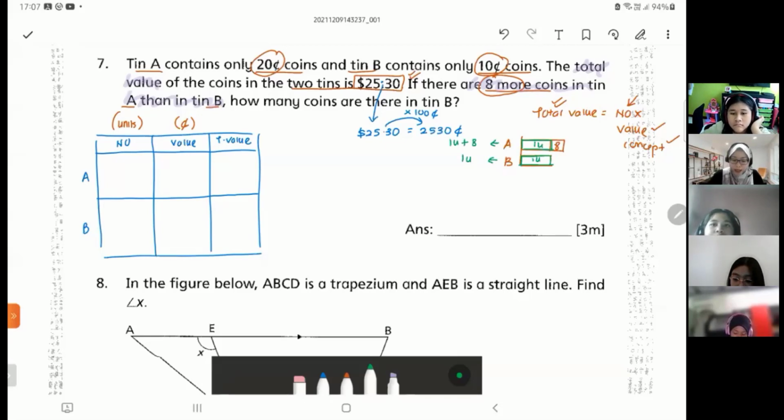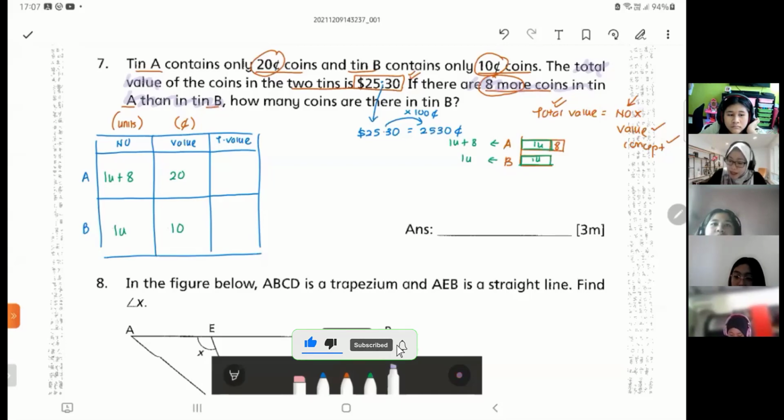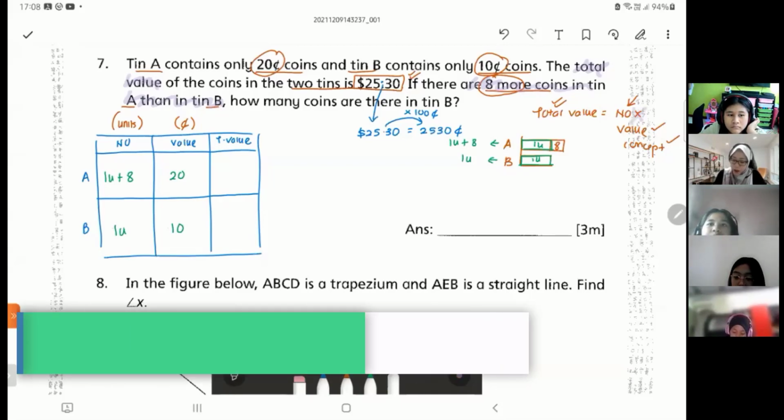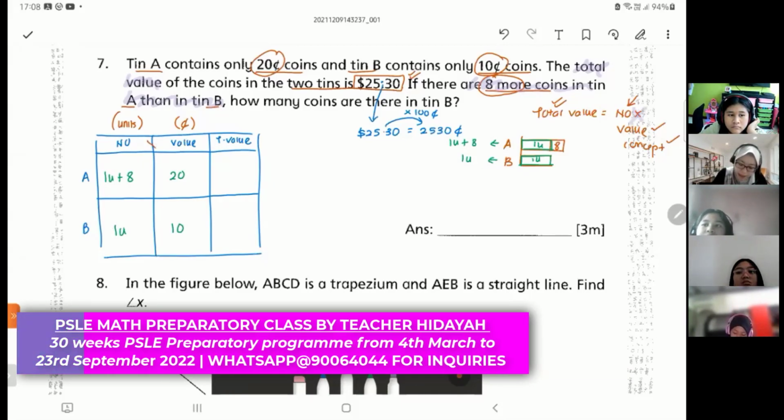Now we put it back into the table. So for A, the number of units is 1 unit plus 8. B is 1 unit. The value of the A coin is just 20 cents. For B, the coins are 10-cent coins. The concept says number times value.